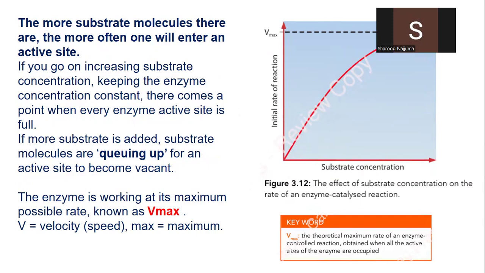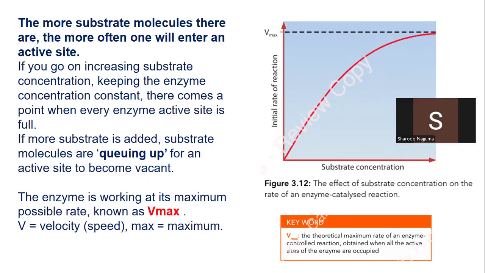the more enzyme-substrate complexes are made. Now, if you go on increasing the substrate, but you're keeping the enzyme constant, time is going to come and all the active sites of the enzyme are fully occupied by the substrate. So if you keep on adding more substrates, the substrates start queuing up.